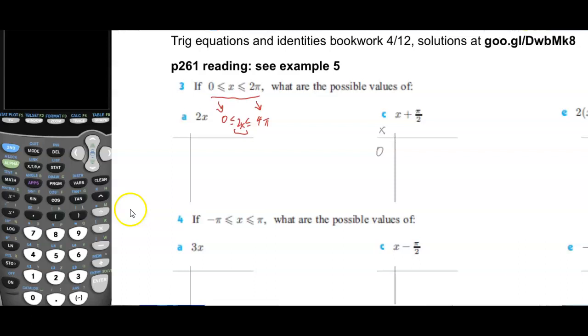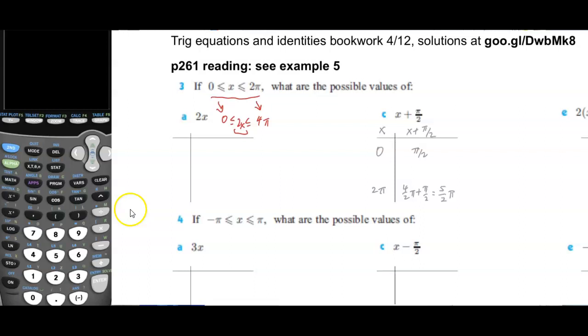In the case of x plus pi over 2, we're going to translate these values also. So we're going to have x values of 0 to 2 pi. Those are the boundaries, right? And we're going to translate them to x plus pi over 2. So we're going to add pi over 2 to each one. So 0 plus pi over 2 is pi over 2. 2 pi plus pi over 2 is the same thing as 4 halves pi plus pi over 2, common denominator, which is 5 halves pi.